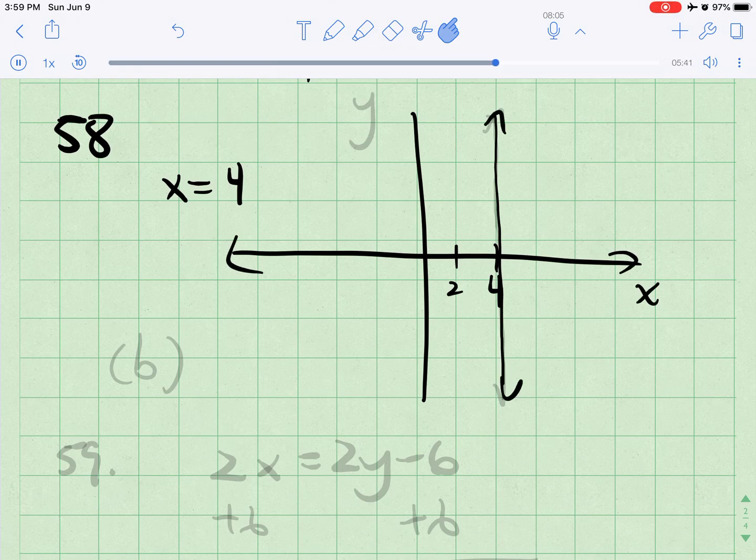Right? If this is x, this is y. X equals 4 is all the points where x equals 4 on a standard coordinate axis. So, which one is that? That's choice B, one solution. Right? Everywhere where the vertical line.